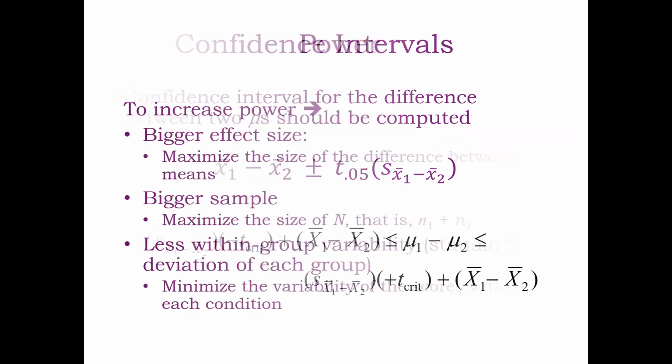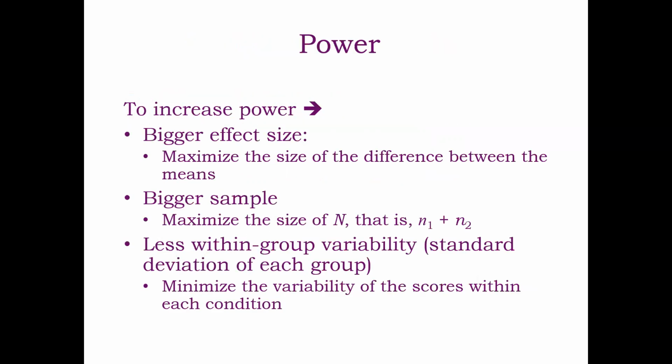Okay, brief review of power. Remember, to increase power, we can have a bigger effect size, okay? Maximize the size of the difference between the means. You can't, in the population, the difference is the difference, right? Either ostracism makes people more aggressive or not, and that effect is going to be more or less the same, but you can do your best to measure it properly and so forth.